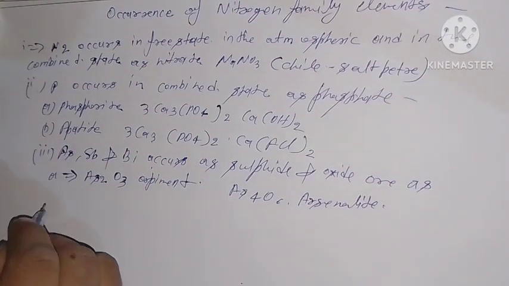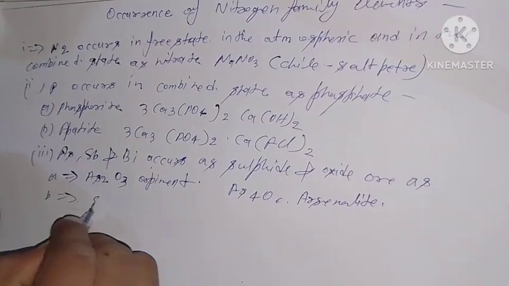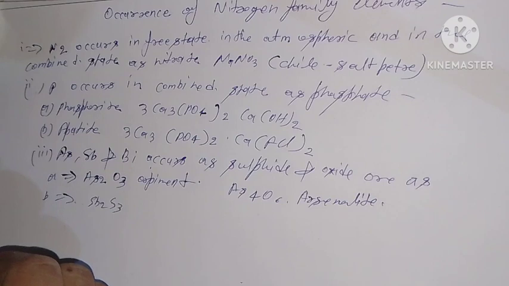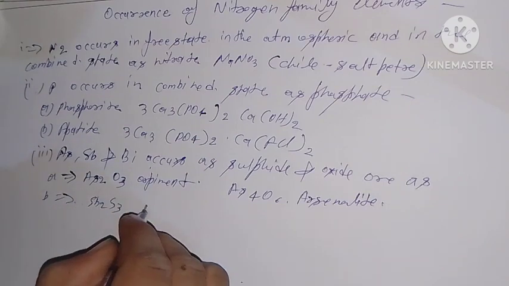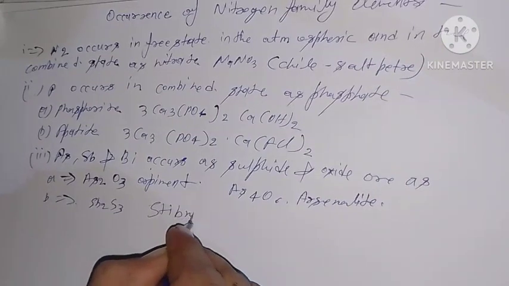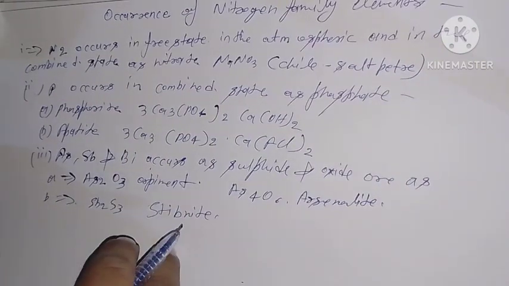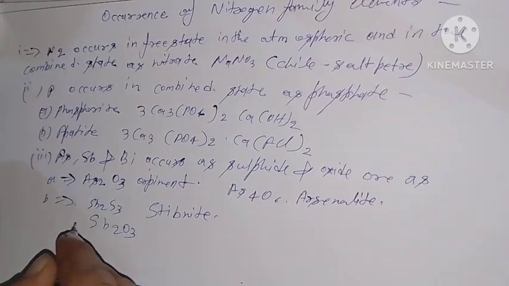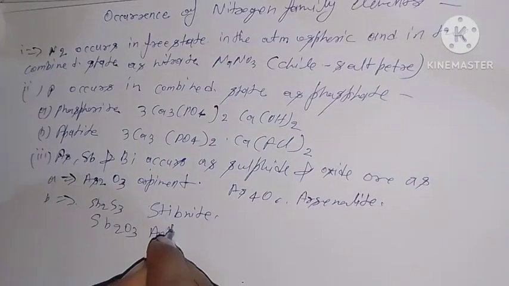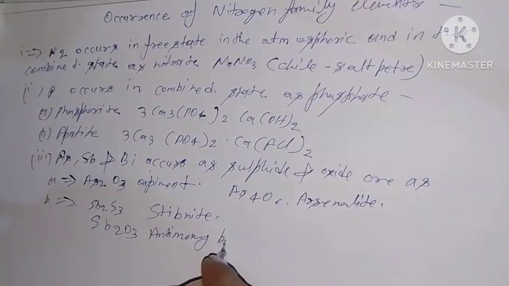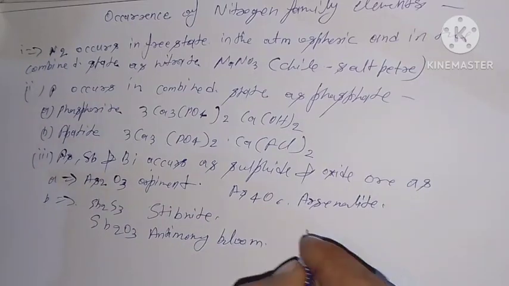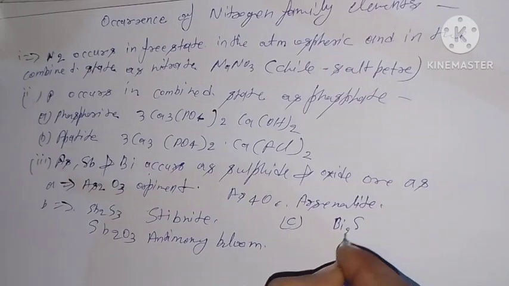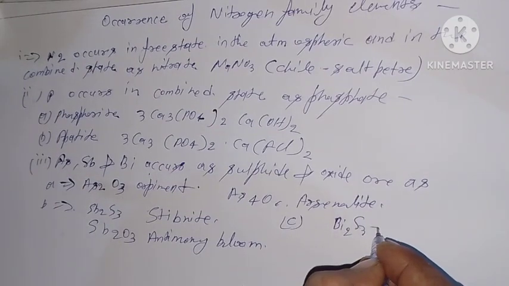B, Sb2S3, stibnite, and Sb2O3, antimony blue. C, Bi2S3, that is bismuth glance.